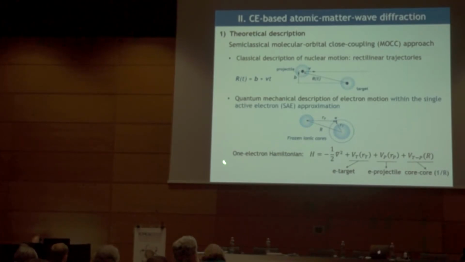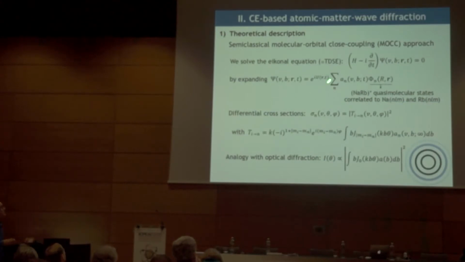The resulting one-electron Hamiltonian is written here, with the kinetic energy part, with the electron-target and electron-projectile interactions, which include the interaction of the active electron with the nuclei, but also with the frozen inner electrons within a mean field approach. And finally, the core-core interaction, which is usually restricted to the first order terms, that is the Coulombic repulsion between the sodium plus and rubidium plus terms.